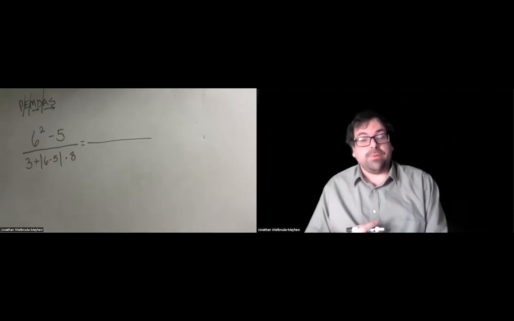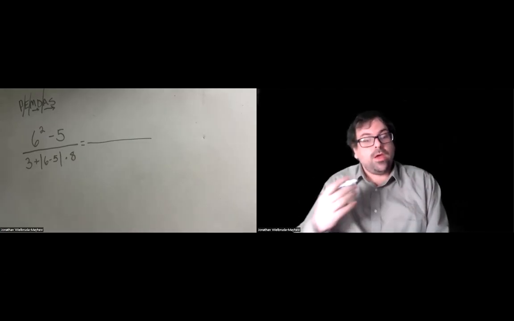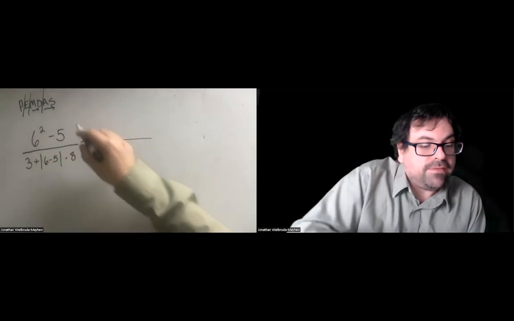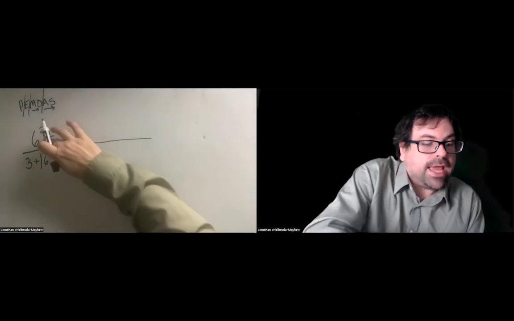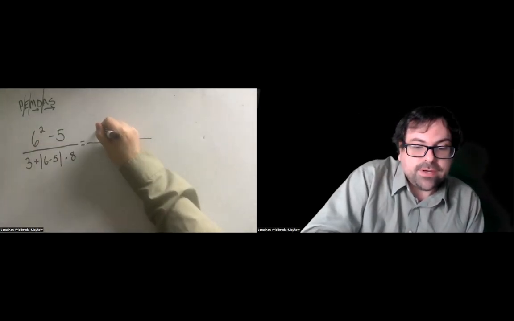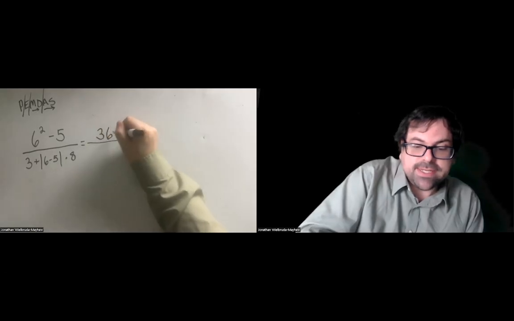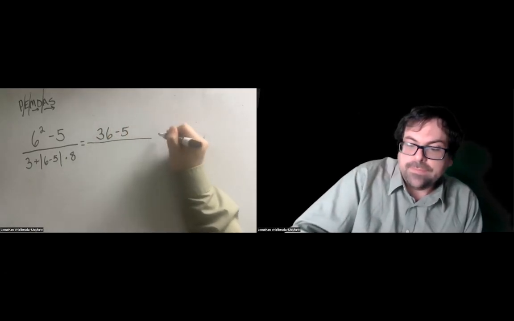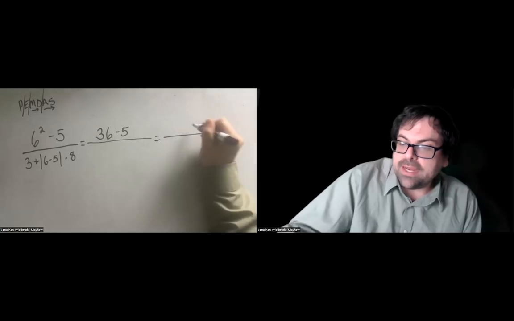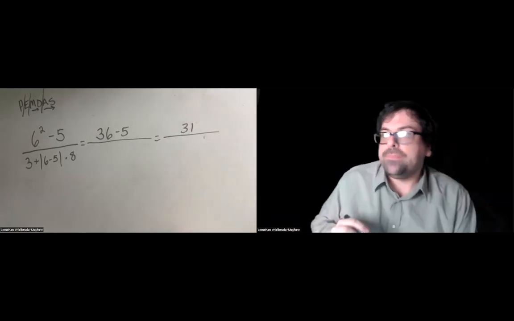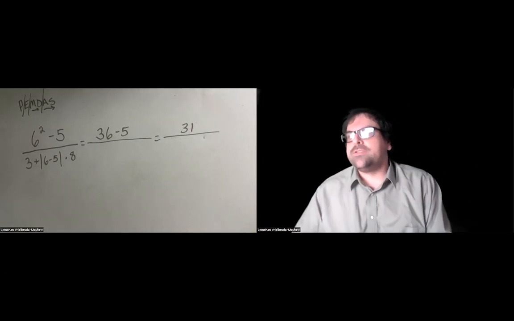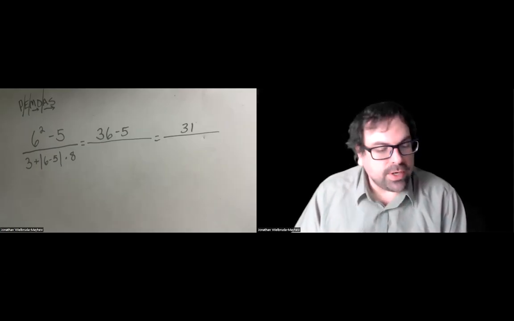Top and bottom, 2 separate problems. On top, we have no parentheses. Exponent, 6 squared is 6 times 6, that's 36. 36 minus 5 is 31. So that's all we can do on top. Let's start working in the bottom.